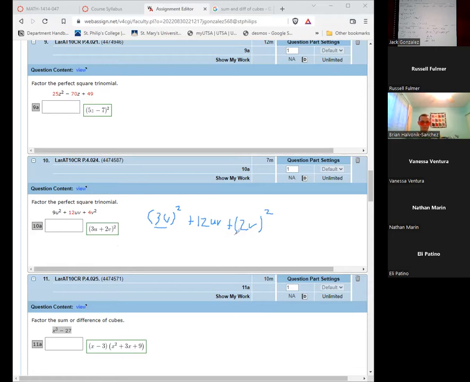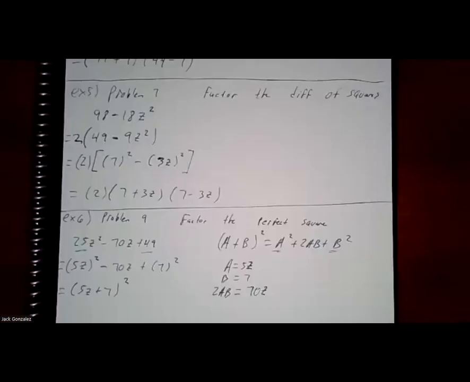So this would be your a and your b. See what I mean? Any questions on this idea? You guys comfortable using this formula?